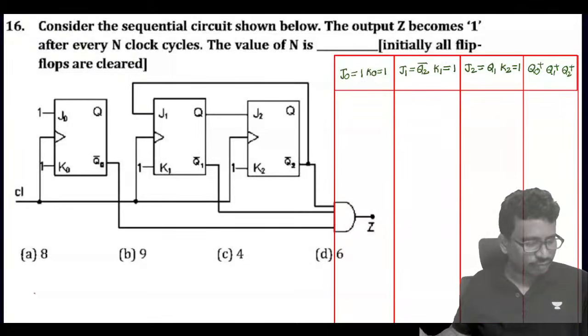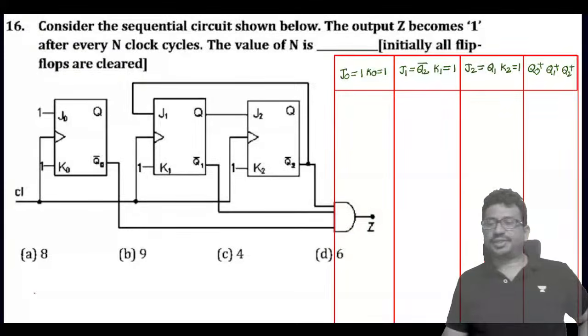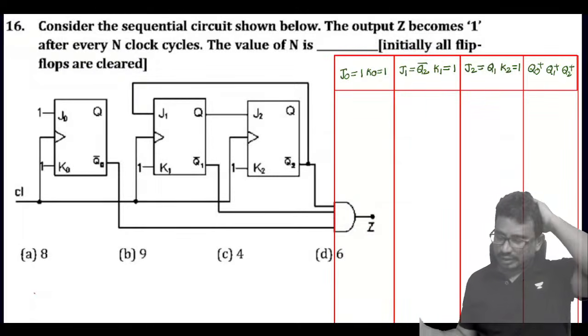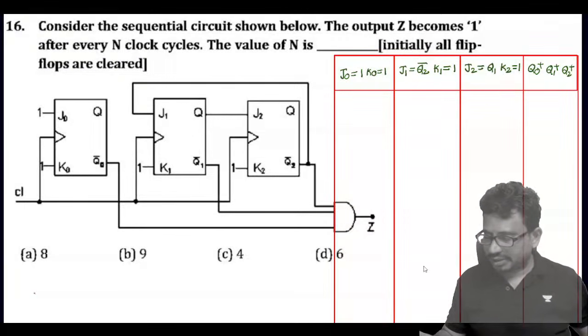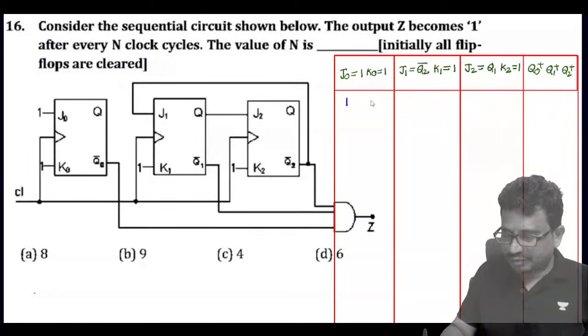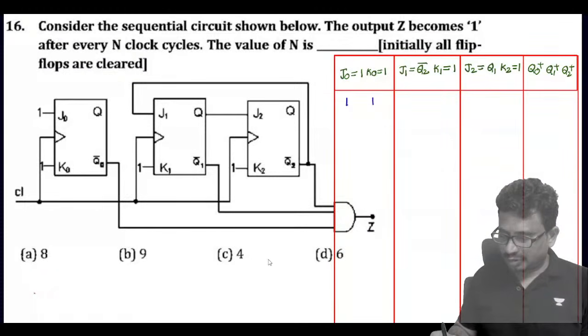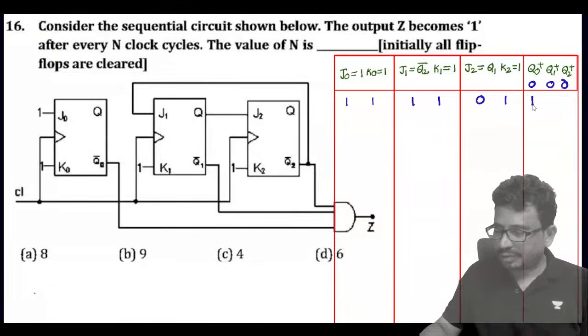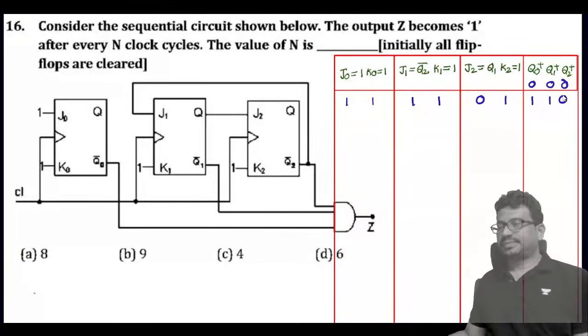Now complete it. Sequential circuit problem solving requires a lot of patience. So first J0 and K0 are both 1 1. The initial values are 0 0 0. This value 1 1 is toggle. This value 0 1 is reset.